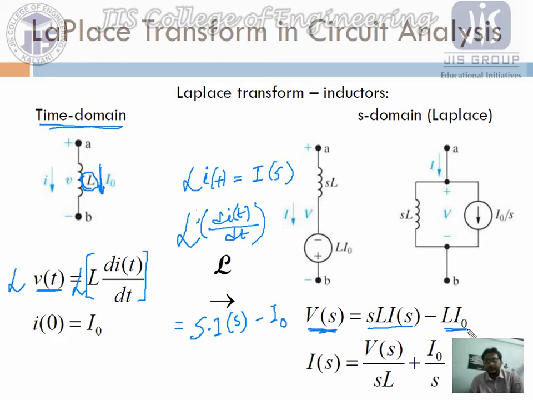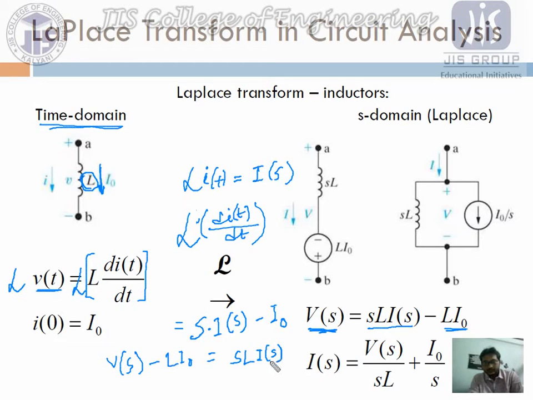Similarly, what will be the function of I of s if we consider it? We can write that V of s minus L into I0 is equal to s into L into I of s.